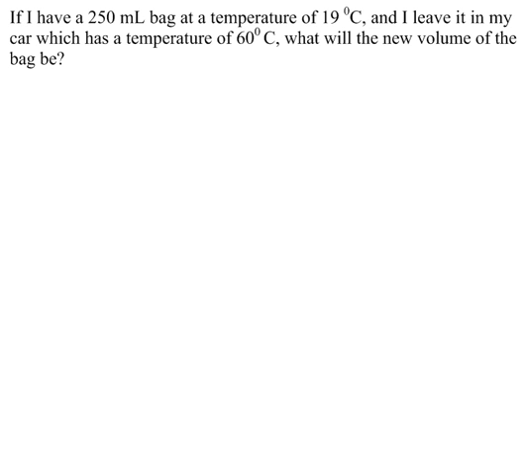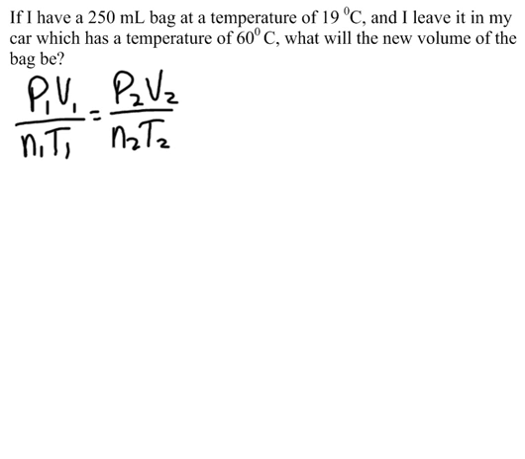So, let's go ahead and do what's first, and that is P1 V1 over N1 T1 equals P2 V2 over N2 T2. Next I want to write down my variables, what I'm given. Let's take a look at what we have in the problem.